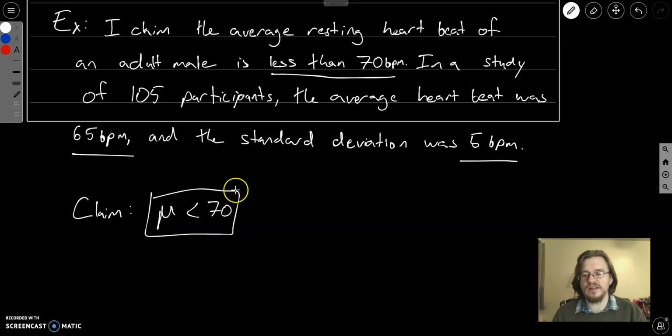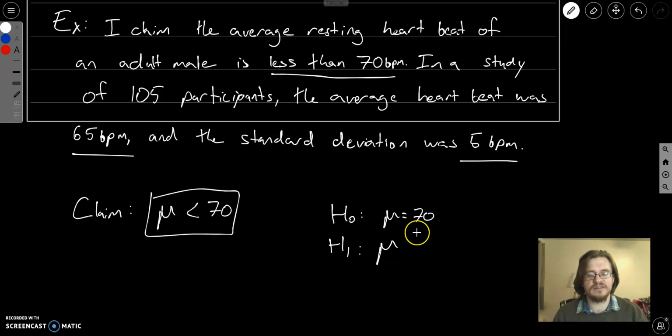So once I know the claim, I can write down my null hypothesis and my alternative hypothesis. My null hypothesis is going to be that mu is in fact exactly equal to 70. And the alternative hypothesis is going to be that mu is not equal to 70, but this is what I'm trying to test. So my alternative hypothesis is going to be that mu is less than 70.